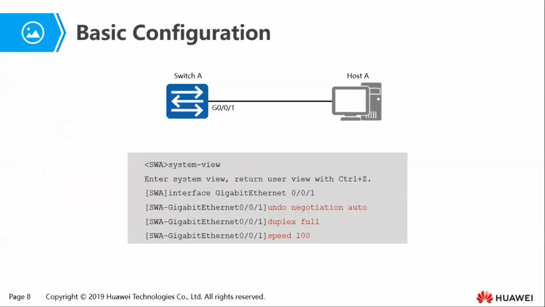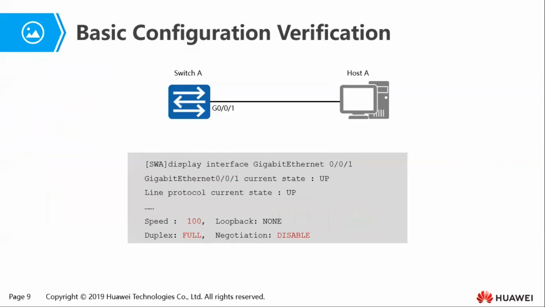So in this next slide, we can check to confirm what we've configured under that interface by using the display interface command. When the negotiation of those parameters is successful, then the line protocol state will change to up.